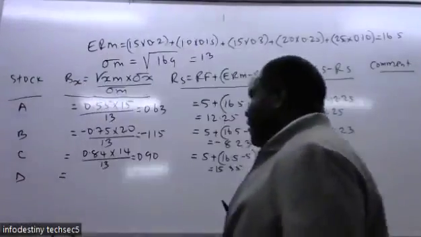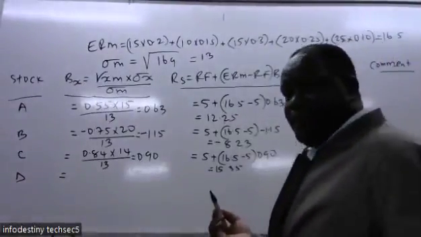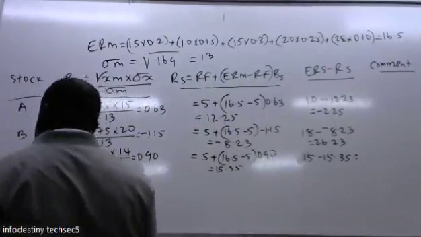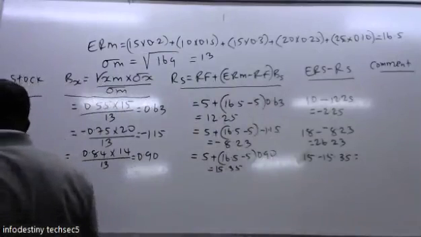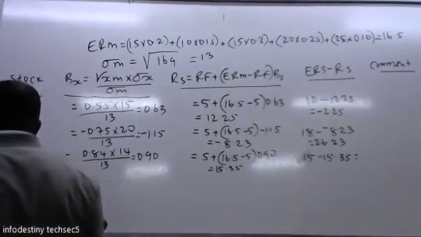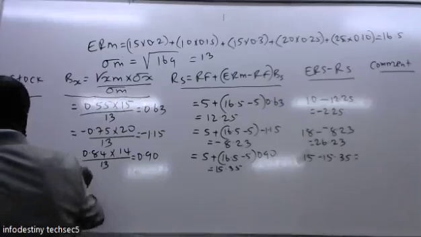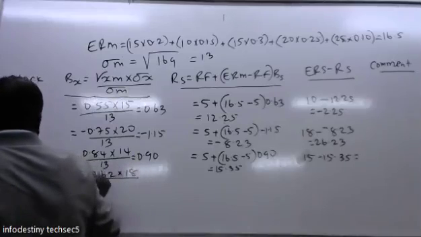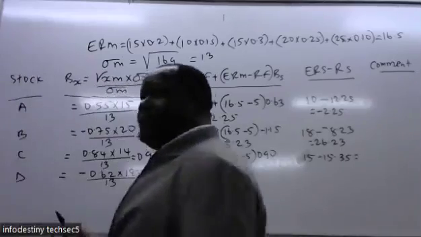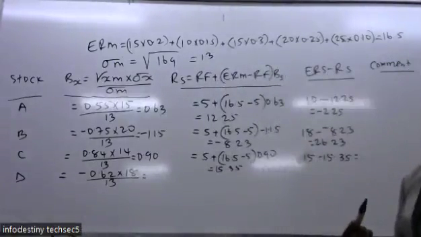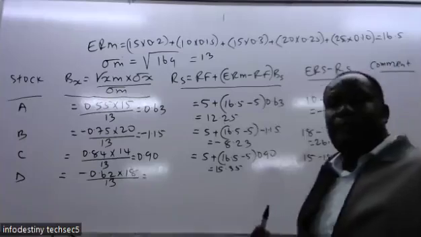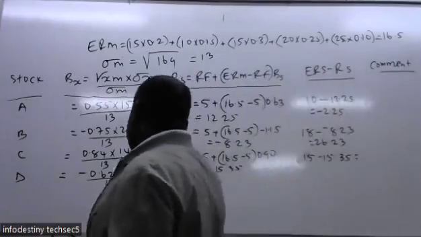When it comes to D, we do the same. We take negative 0.62, multiply by 18, and divide by 13. That gives negative 0.86.